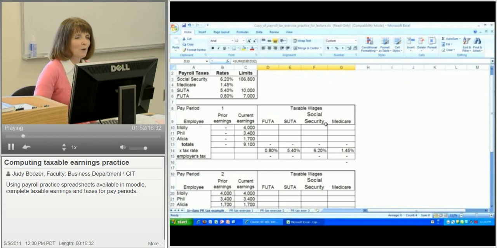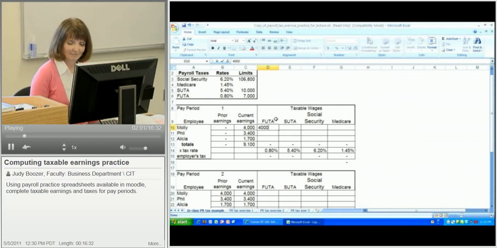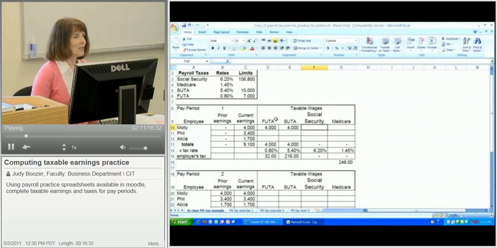So for FUTA, how much of the 4,000 for Molly is taxable? 4,000. All of it. How about for SUTA? All of it. 4,000. And for Social Security or OASDI?